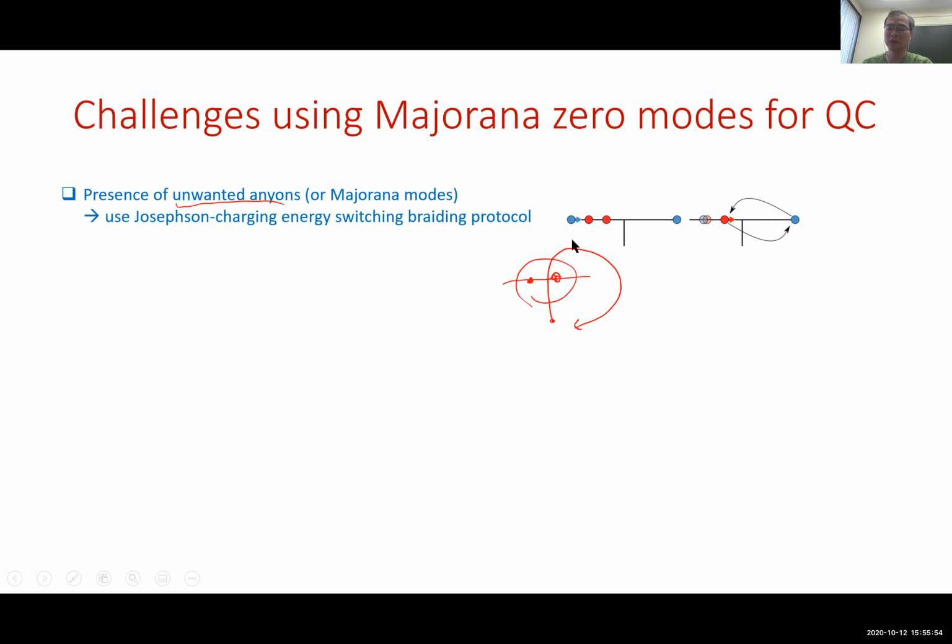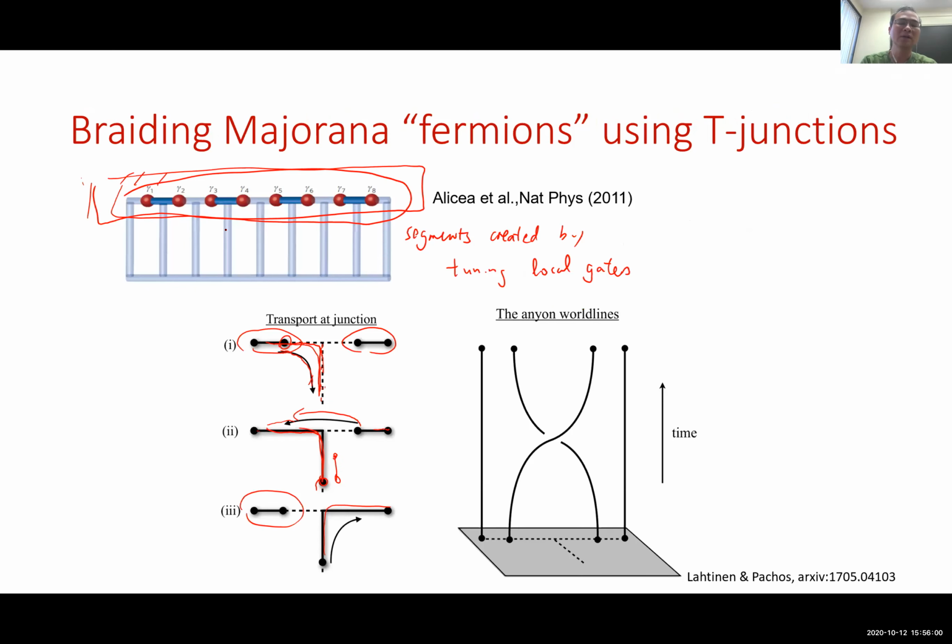These unwanted anyons may appear when you are tuning these gates, when you change the gates not slowly, or there's some fluctuation in your gate voltages.